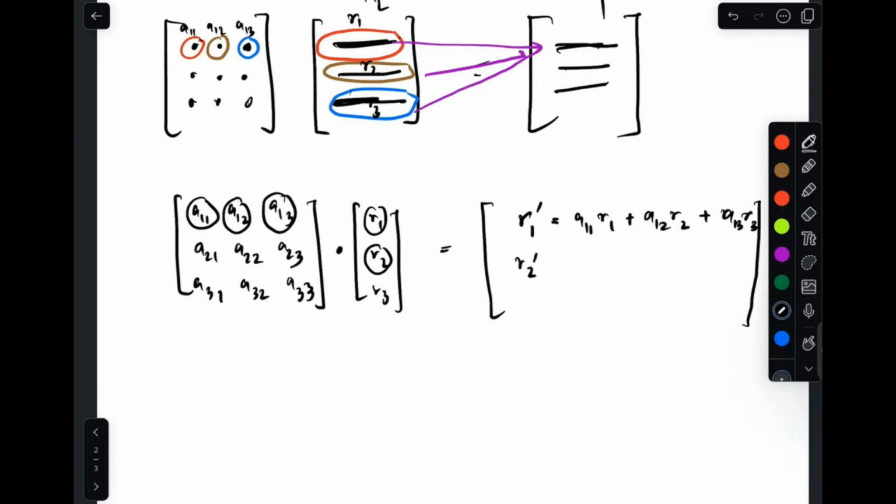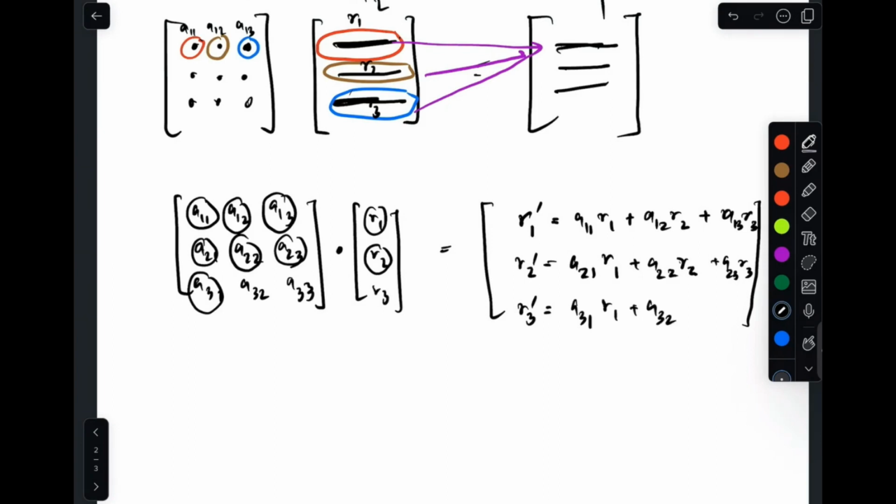Similarly, R2 dash will be A21 times R1 plus A22 times R2 plus A23 times R3, in a similar fashion. And R3 dash, the third row of M, will be A31 times R1 plus A32 times R2 plus A33 times R3.